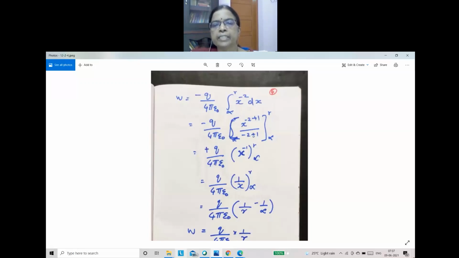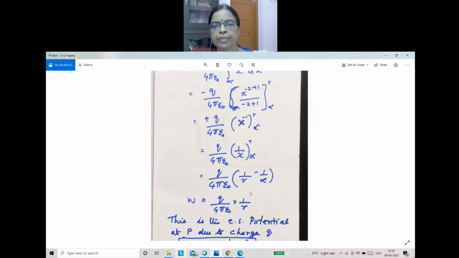Then minus 2 plus 1 is minus 1. So that into this minus becomes plus. Plus q by 4 pi epsilon 0. What is the exponent here? Minus 2 plus 1, that is minus 1. X raised to minus 1, infinity to r. Then next we are giving the limit.